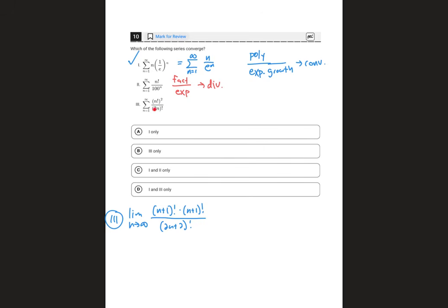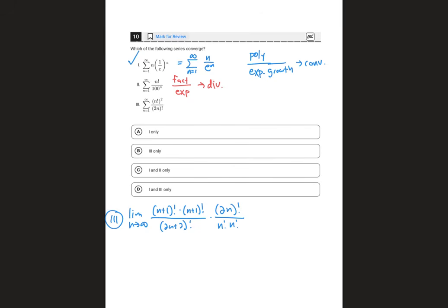If you substitute n plus 1 for this n in the bottom, you distribute the 2, and that'll be 2n plus 2. The top is just n plus 1 factorial squared, which is n plus 1 factorial times n plus 1 factorial. We'll times that by the reciprocal, which is 2n factorial. And then this is just n factorial squared, which is n factorial times n factorial.